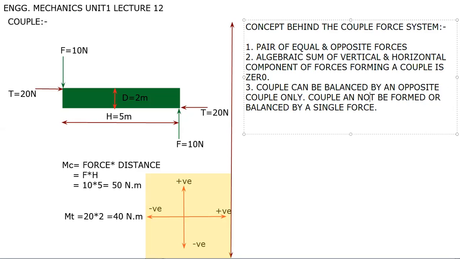A couple cannot be formed or balanced by a single force. Okay, this thing also we can prove, right? So here I will try to prove this in front of you. Suppose that this F and this F are forming the couple. Now this couple is in which direction?